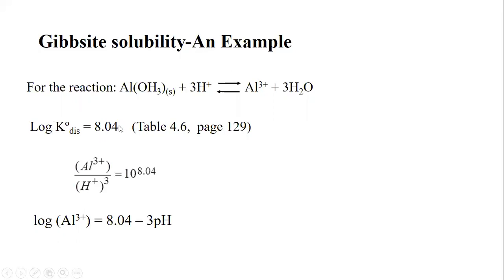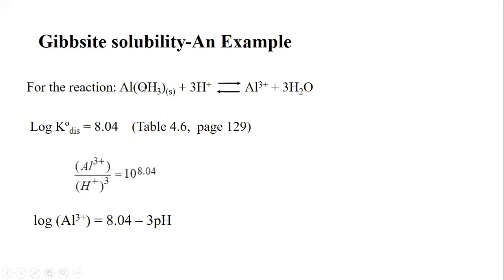8.04, okay? So if you write down K for this equilibrium, you write the activity of Al3+ over the activity of hydrogen cubed. Water and pure compounds, remember, their activities are 1. So water is ignored, the activity is 1.